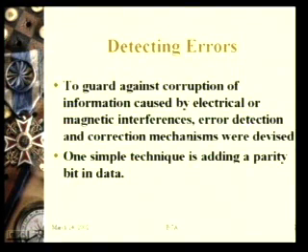So all networks have error detection and correction mechanisms. One simple technique is adding a parity bit to the data. In more general terms, what you carry are CRCs, cyclic redundancy check codes, in most communication devices.